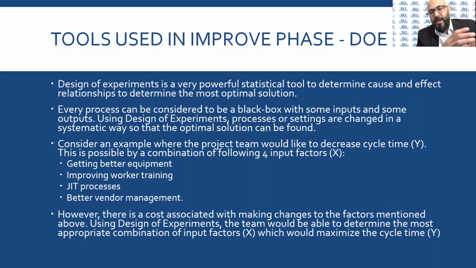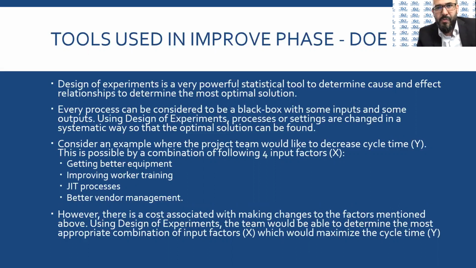And for the equation, we have x1, which is getting better equipment, x2, improve worker skills or training, x3, just-in-time process, and x4, or factor 4, would be better vendor management. Somebody will come and say, well, let's do something else, maybe the buffer in between the stations.